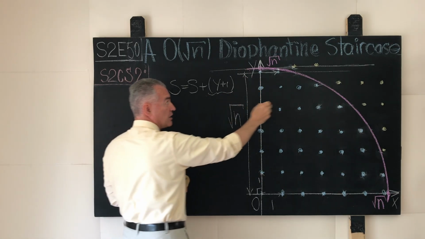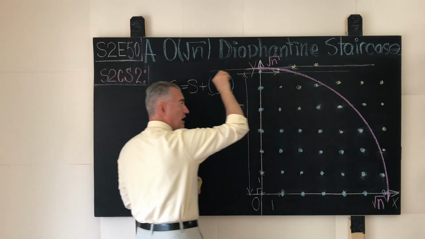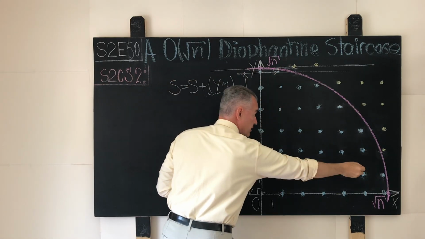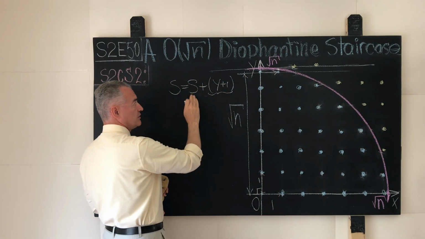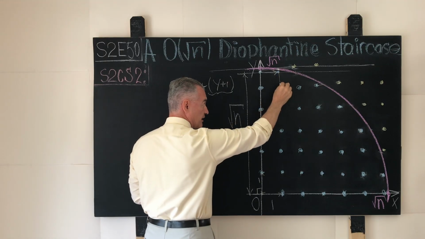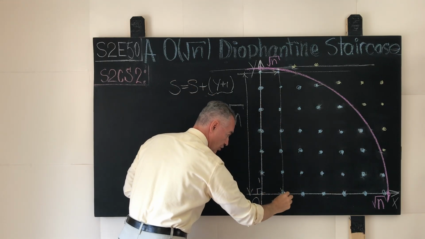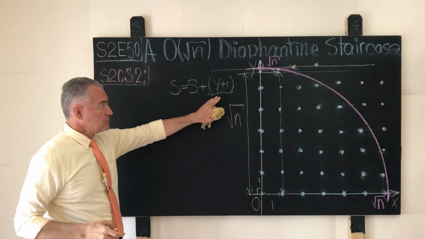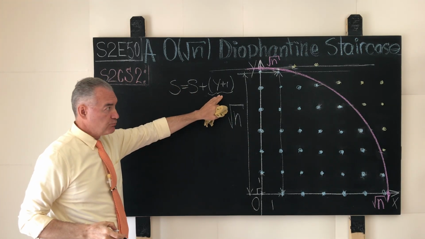So if after stepping right once we're still under the arc of the bounding circle, S plus equals the number of points under this column.